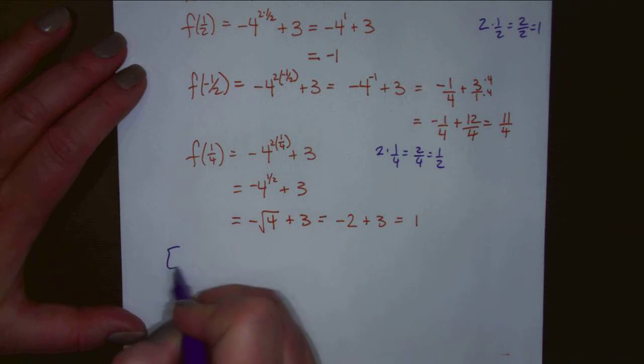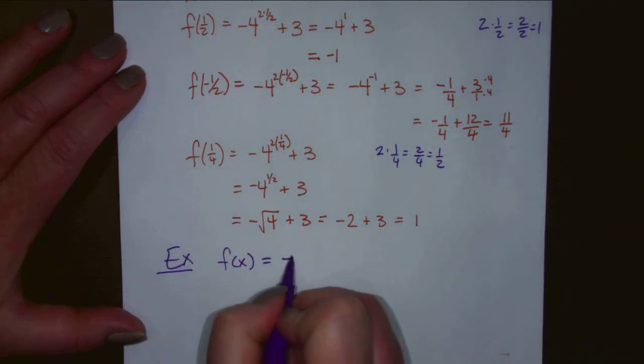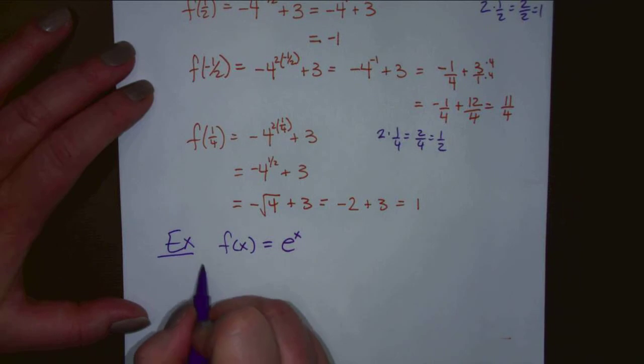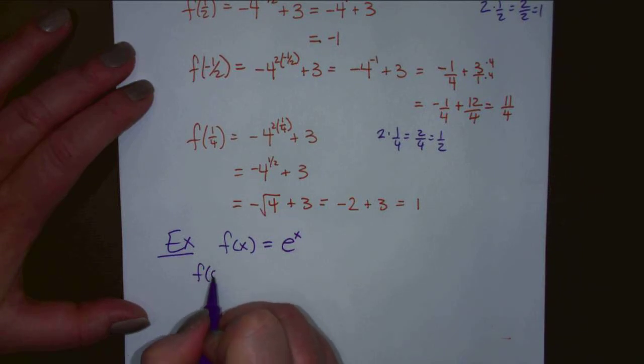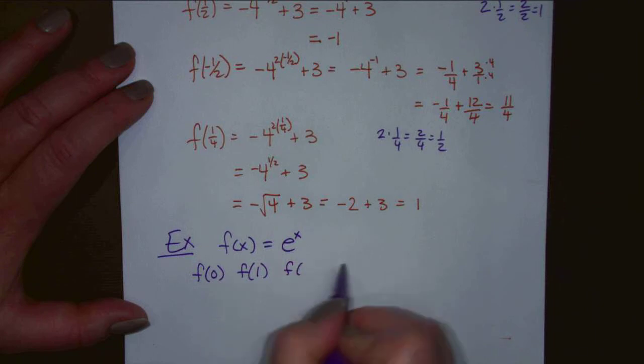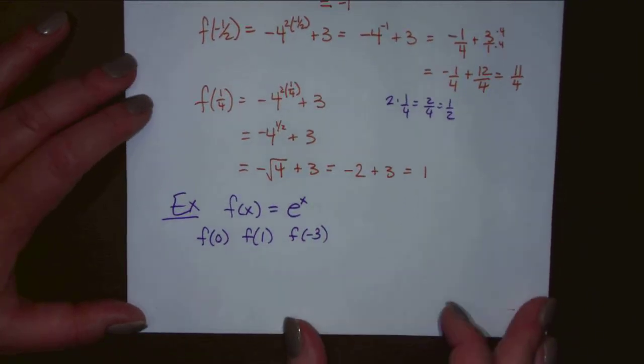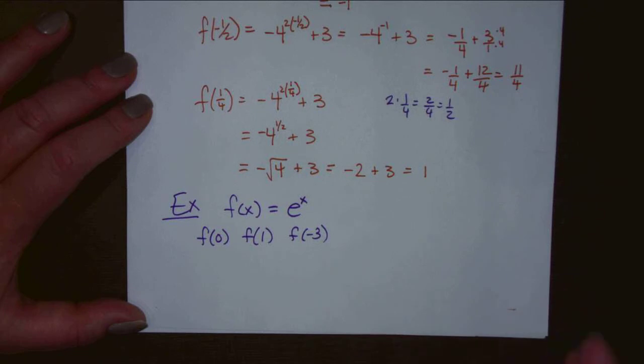That's sort of the hardest example, and there are some of those on the homework practice. But what if I put f of x equals e to the x, and I wanted you to find f of 0, f of 1, f of minus 3? We have no calculator, and we're not going to put it as a decimal, we just leave it.